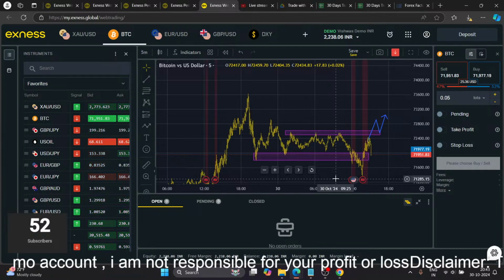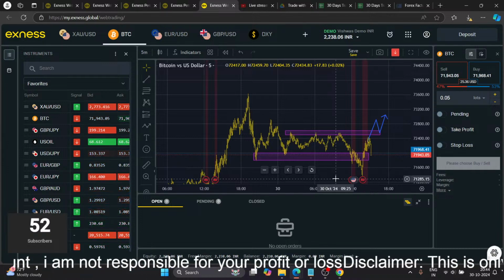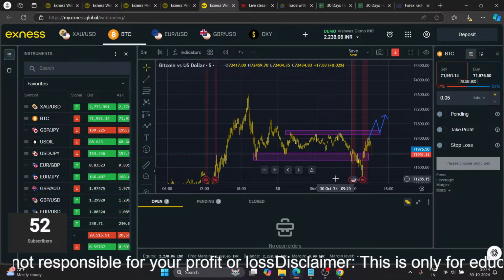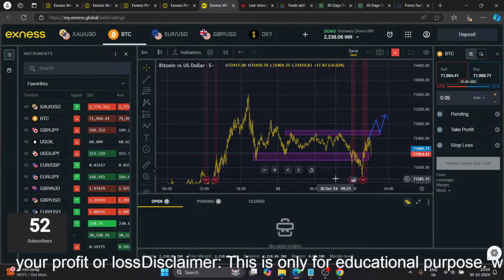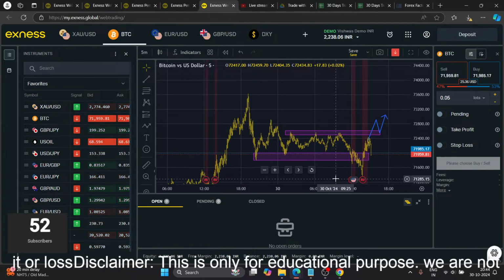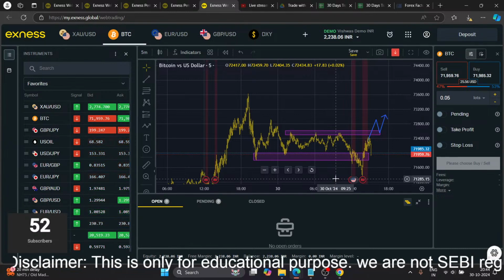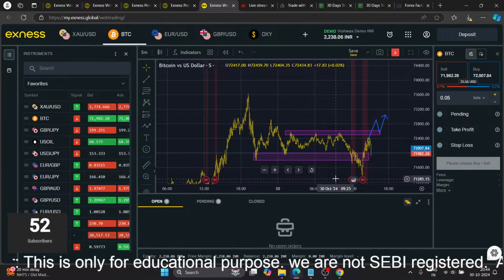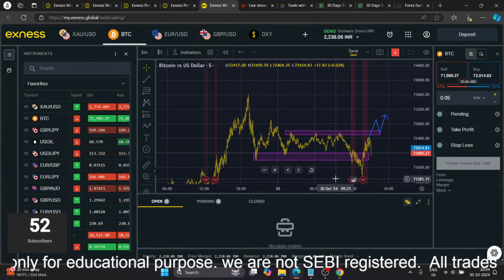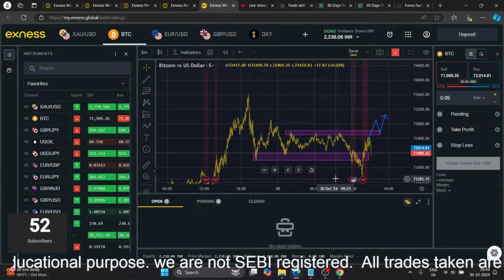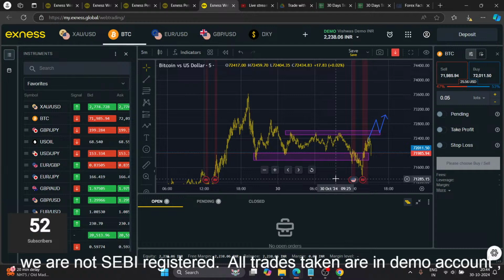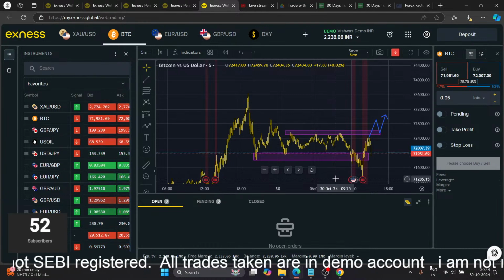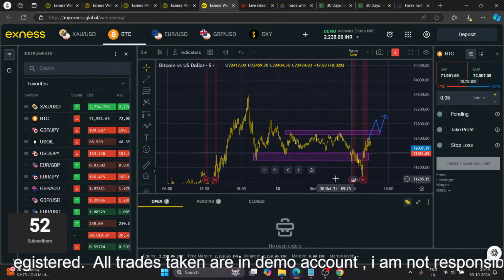Let's say you are holding multiple trades, one trade for 100 rupees, another for 500 rupees, one trade in BTC, another in gold. Some trades are positive, some negative. Let's say you have made some net profit, and the total becomes negative.